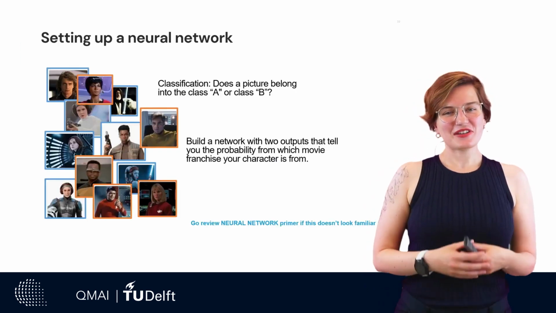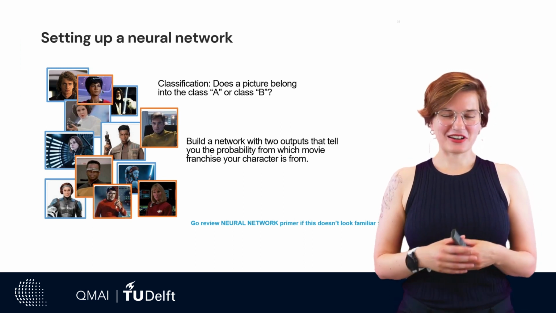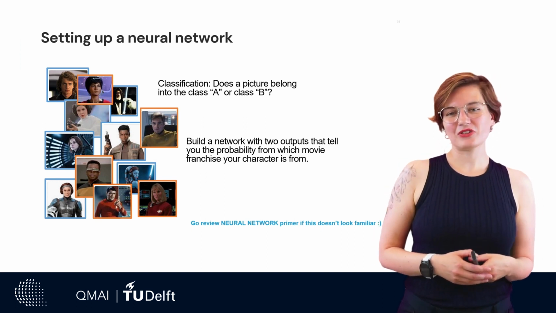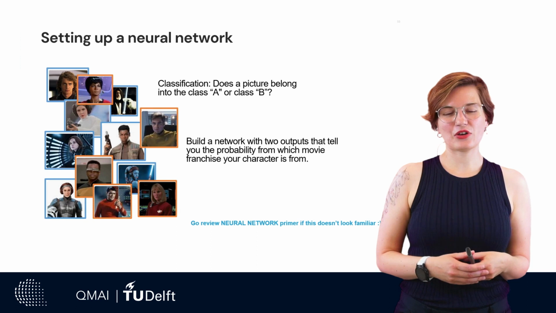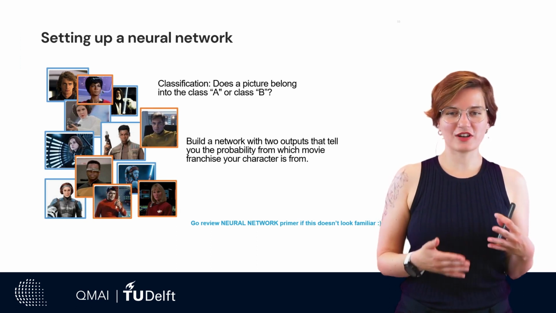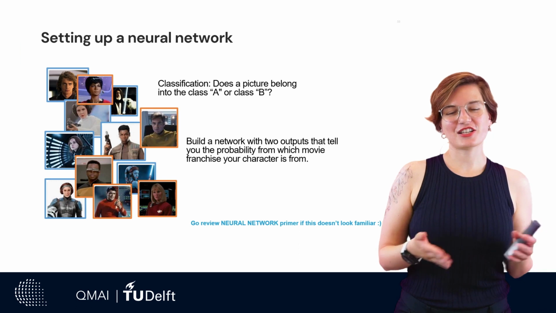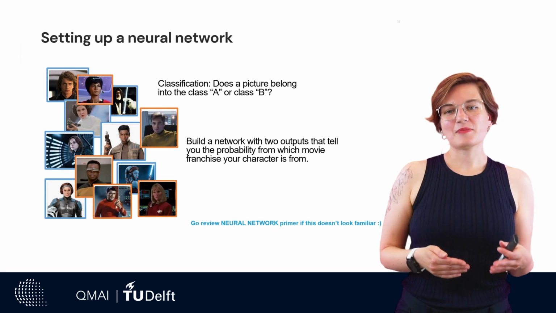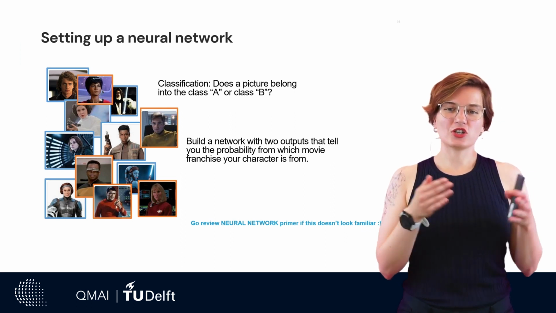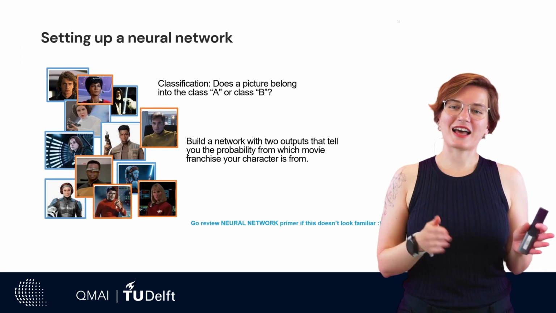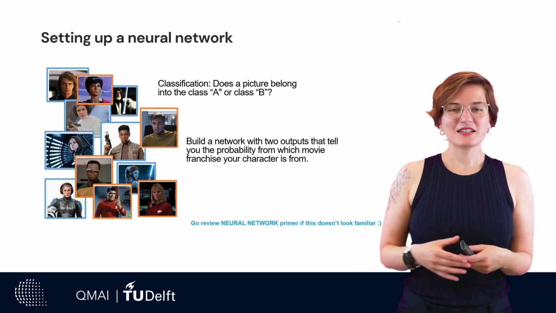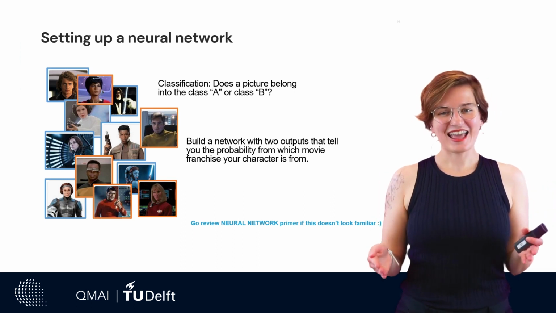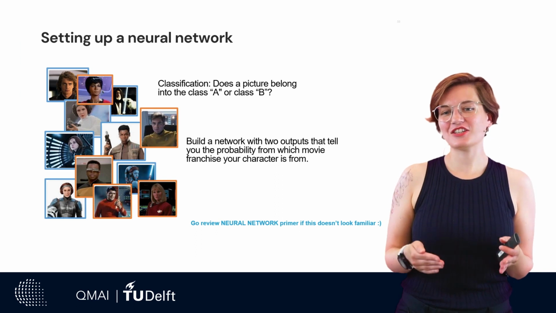So, what you will remember from the setting up a neural network reading part of this module is that a very simple neural network classification task is that of having images from two different classes, Star Wars and Star Trek in this case, and building a neural network that is able to tell whether each new picture is a character from class A or class B. This is just a binary classification, and you hopefully read how to build a neural network that achieves this task.